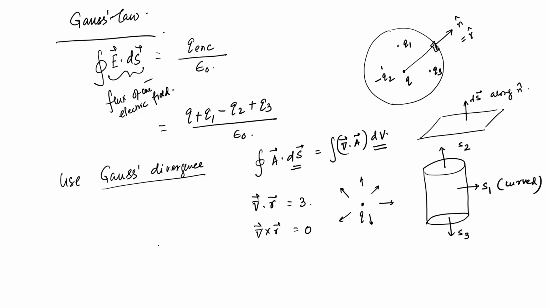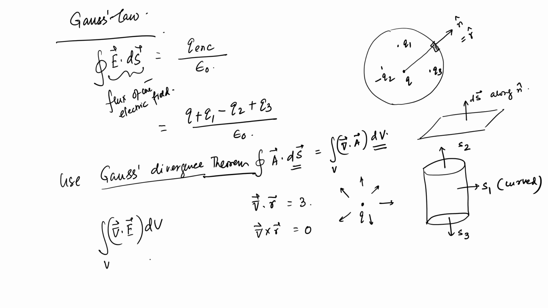So, this tells us that if we apply this theorem, coming back to Gauss's law, if we apply Gauss's divergence theorem, then the left hand side becomes equal to the integral of divergence of E dV over a volume.